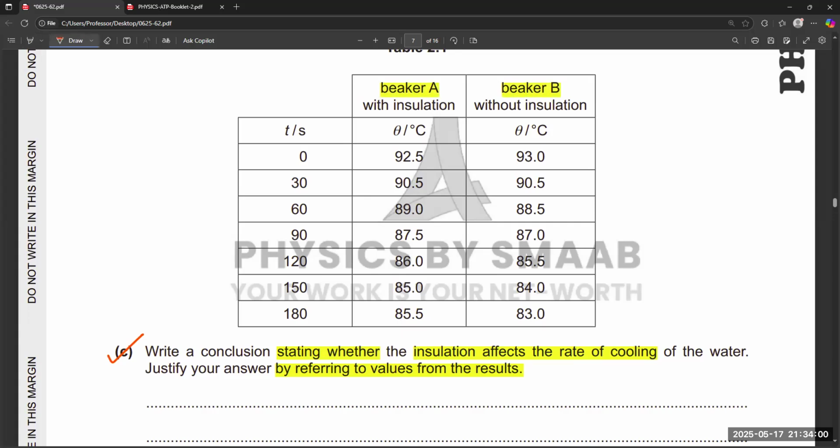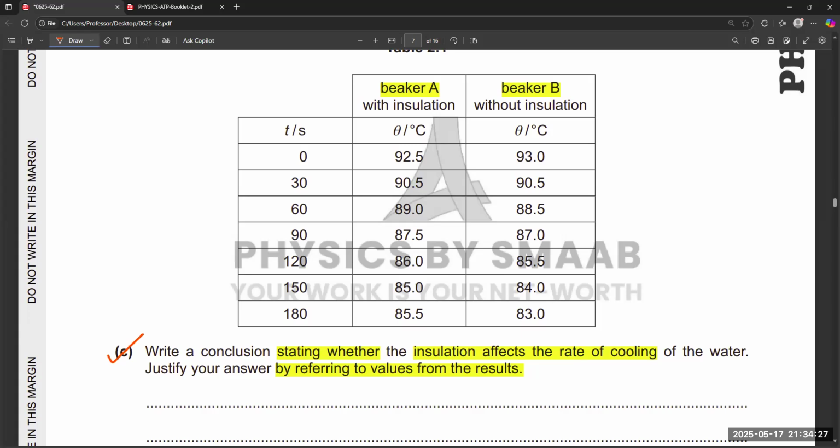With insulation, we observe that the temperature drops from 92 to 90, then 89, 87, 86, 85, then 85.5. And without insulation, 93, 90, 88, 87, 85, 84, 83. There is a very minor difference between the drop of temperature, right?